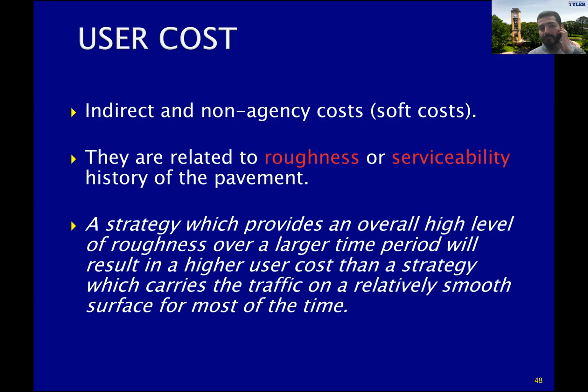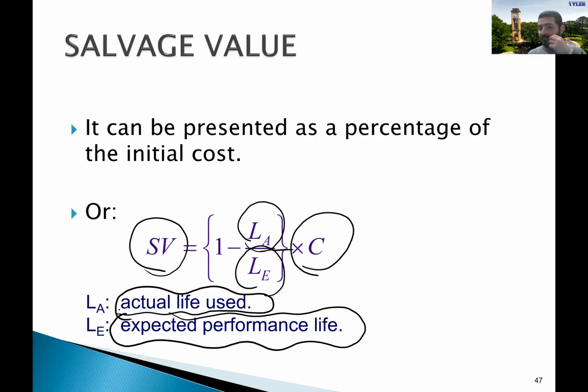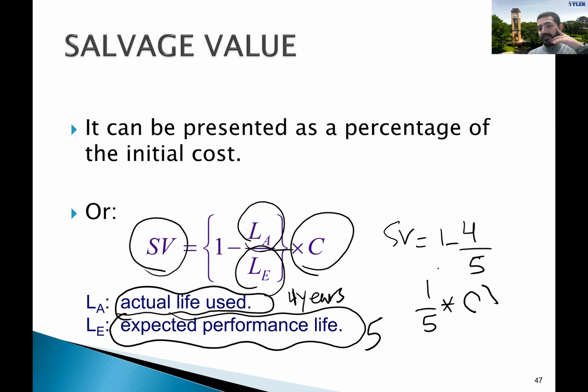So, for example, if the actual life that was used was 4 years, while the expected performance life was 5 years, then for the salvage value, you're going to say 1 minus 4 over 5. So that's going to be 1 over 5 times the C, the cost.